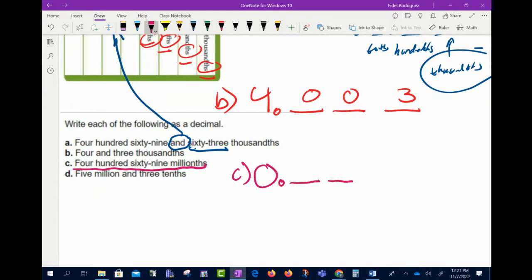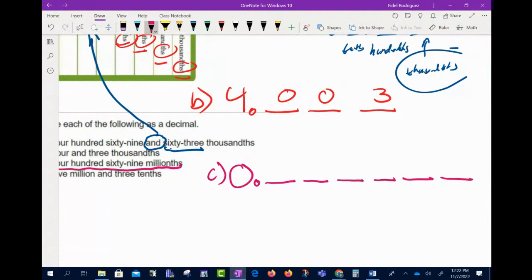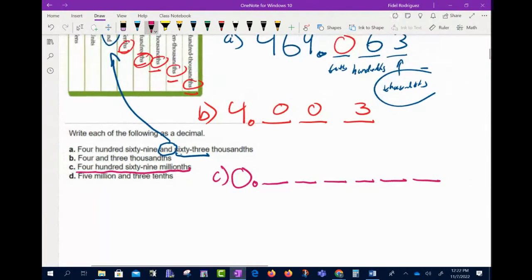Remember, tenths, hundredths, thousandths, ten-thousandths, hundred-thousandths. After hundred-thousandths is millionths, right? 469 millionths. So 469, I'm in the millionths position. So again, what has to go over here? We've got to fill those in with zeros, right?